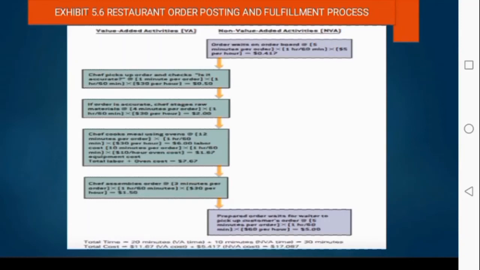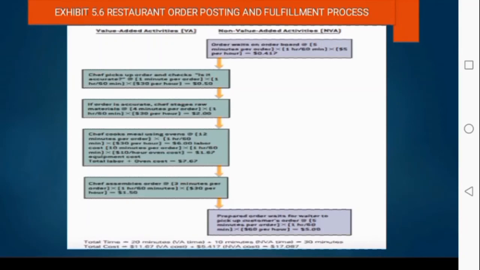And total labor and oven cost is equal to $7.67.